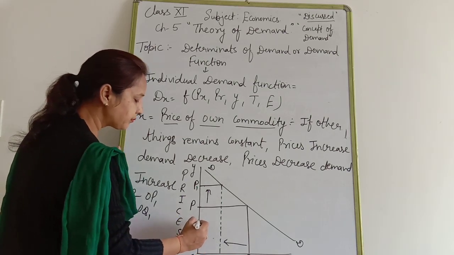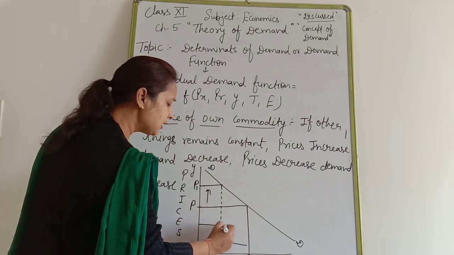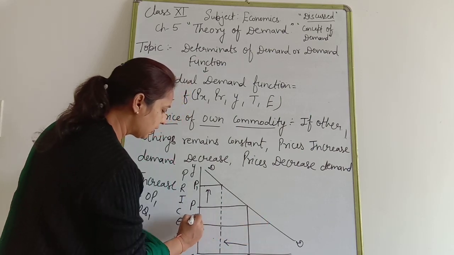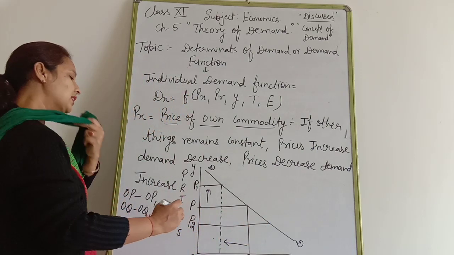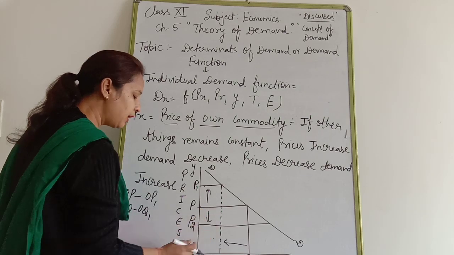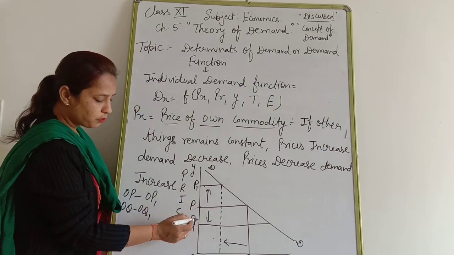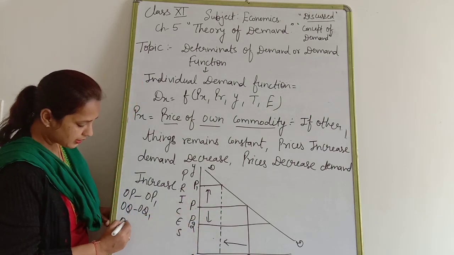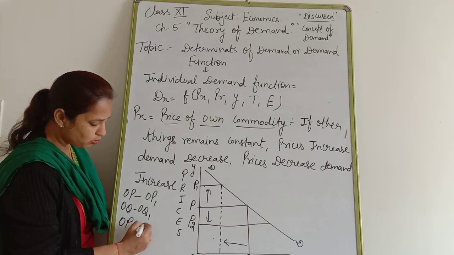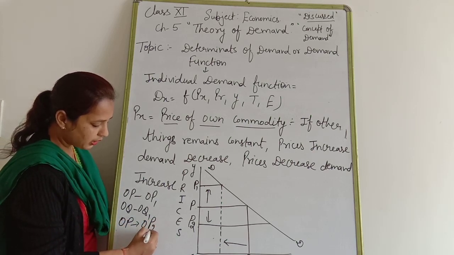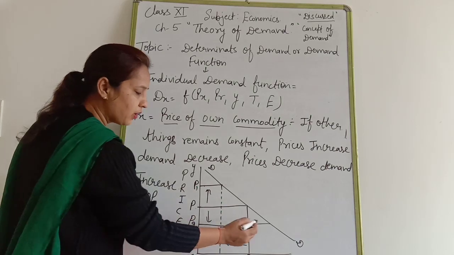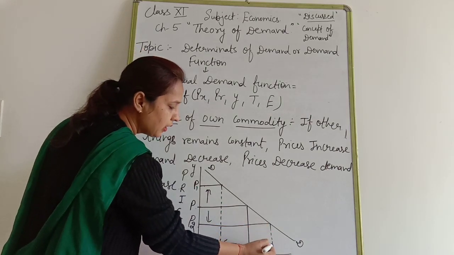Suppose there is a decrease in the prices in the market. If the price decreases from OP to OP2, what will be the effect on quantity? Quantity will increase.